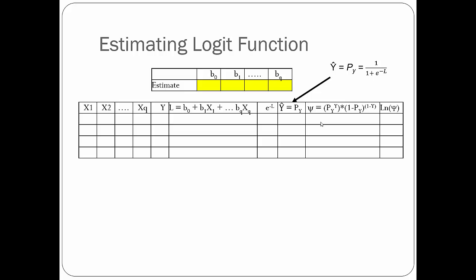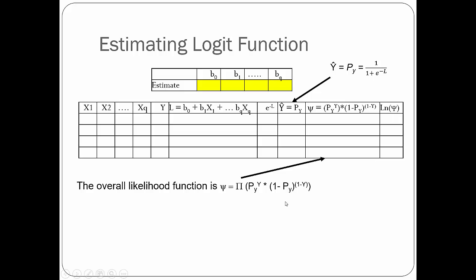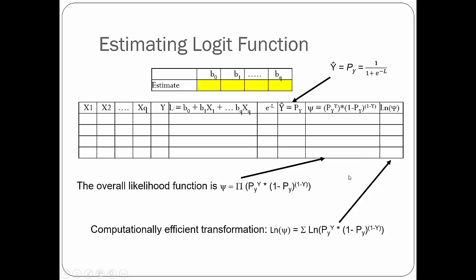But trying to maximize that function is mathematically very problematic. So we want a linear function. You take the natural logarithm of this value, and then you can add them all up. When you multiply this column, you get the overall likelihood function, but trying to maximize that is problematic, so you take a computationally efficient transformation and then add them up.